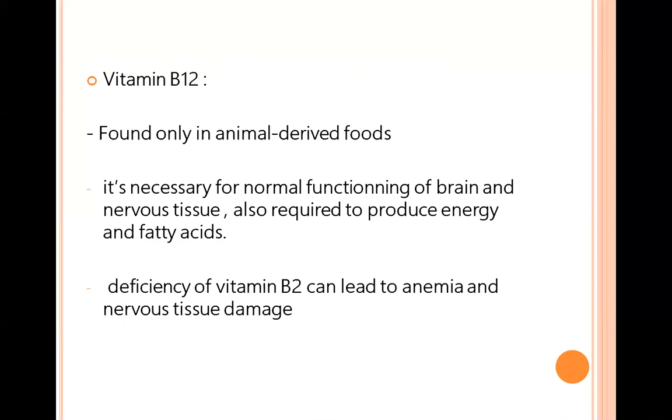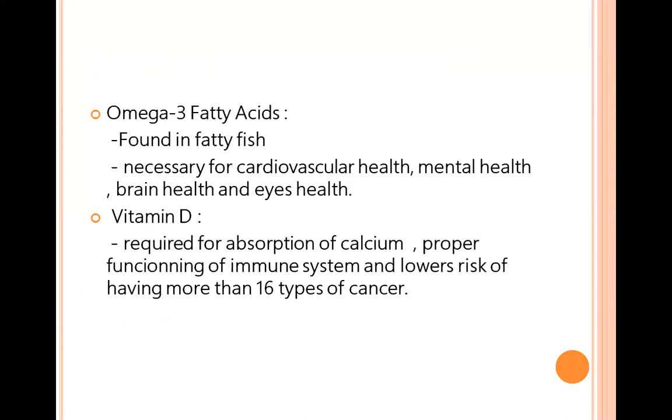Next, what about omega-3 polyunsaturated fatty acids? They are found in fatty fish, meaning fish fat, sea products, and are necessary for the cardiovascular system, mental health, brain health, and eye health.